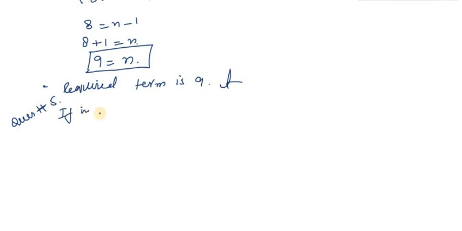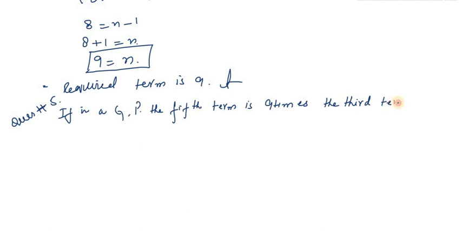If in a geometric progression the fifth term is 9 times the third term and its second term is 6, find the geometric progression.